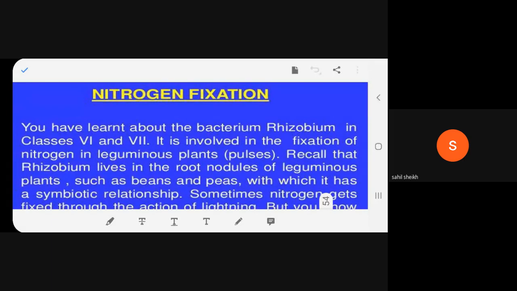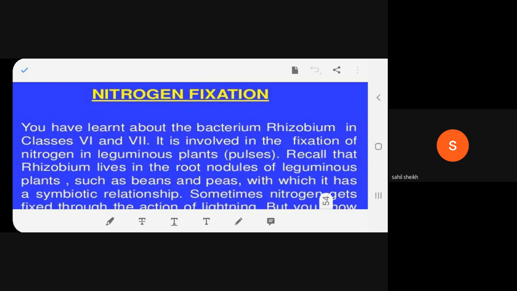Nitrogen fixation. You have learned about the bacterium Rhizobium in classes 6 and 7. It is involved in the fixation of nitrogen in leguminous plants or pulses.